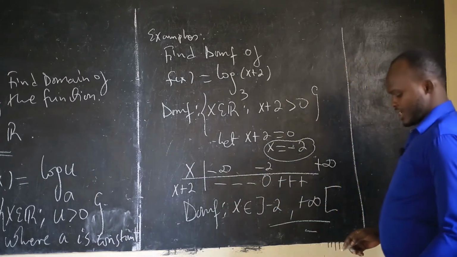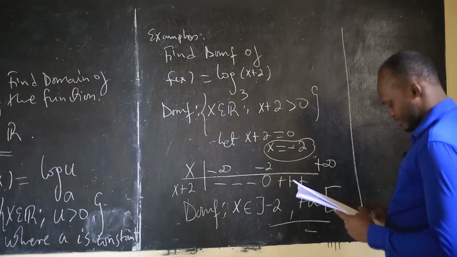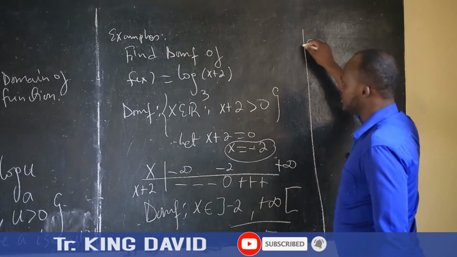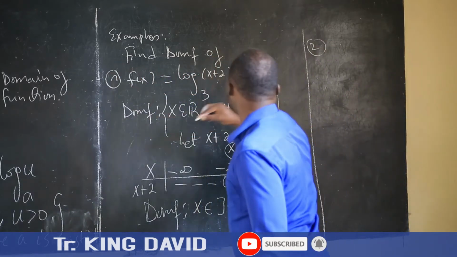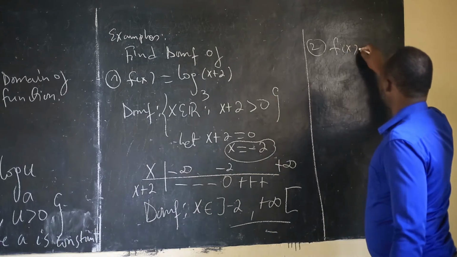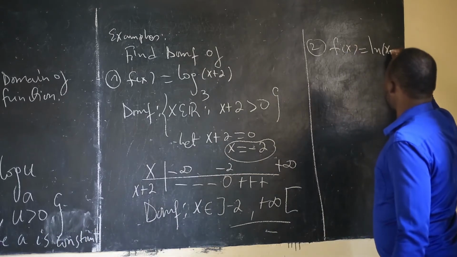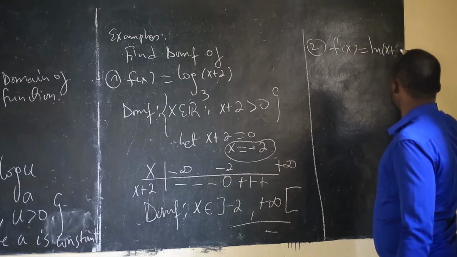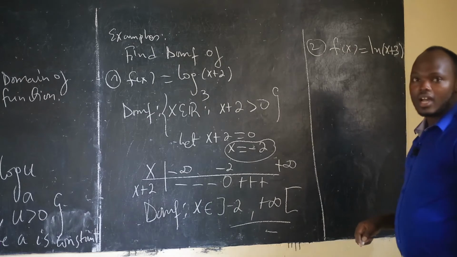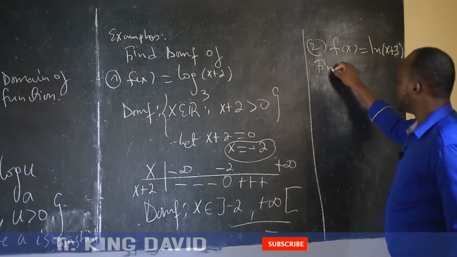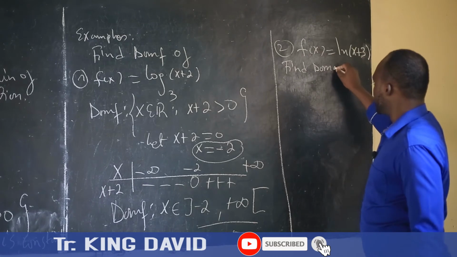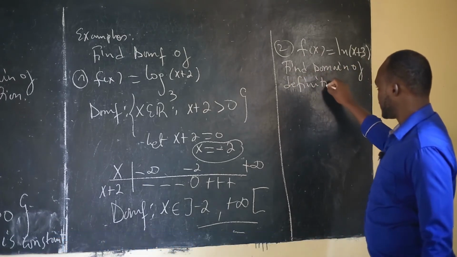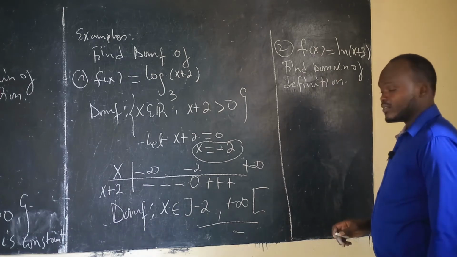Okay, let us see another example, just one example. That was number 2. Let's say f of x equal to ln of x plus 3. How can you find the domain of definition of that?